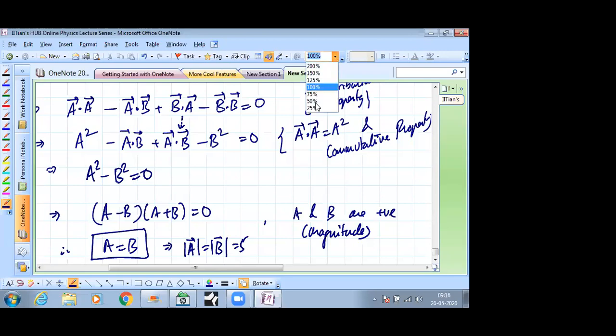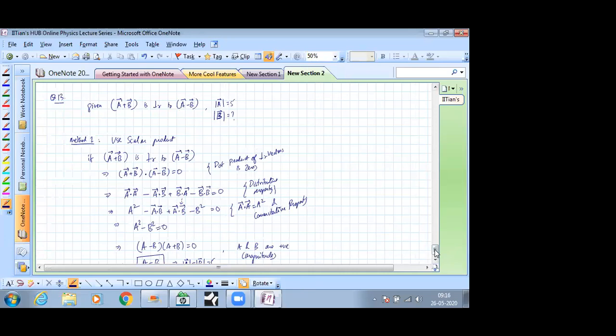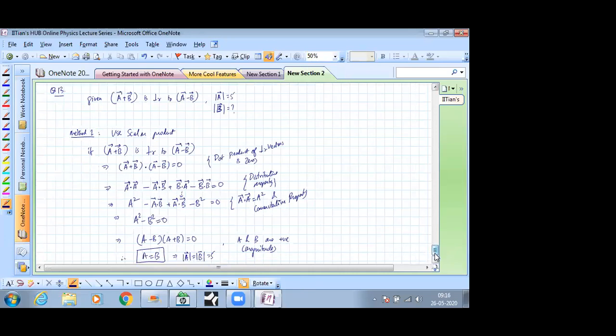So this is a fairly important thing. I'm just minimizing this and showing you the whole thing now. How we are making use of scalar product for perpendicular condition of two vectors. In this case, the two vectors we are applying the condition to happen to be the sum of two vectors and the difference of two vectors. Okay? So we have said that, okay, if their resultant and their difference are perpendicular, then unka dot product 0 hona chahiye. Then open this dot product by distributive property. Then in that express the fact that B dot A is the same thing as A dot B. So the middle term becomes minus A dot B plus A dot B. So these two terms cancel. And the first and the last term are A dot A, which is A square, and B dot B, which is B square.